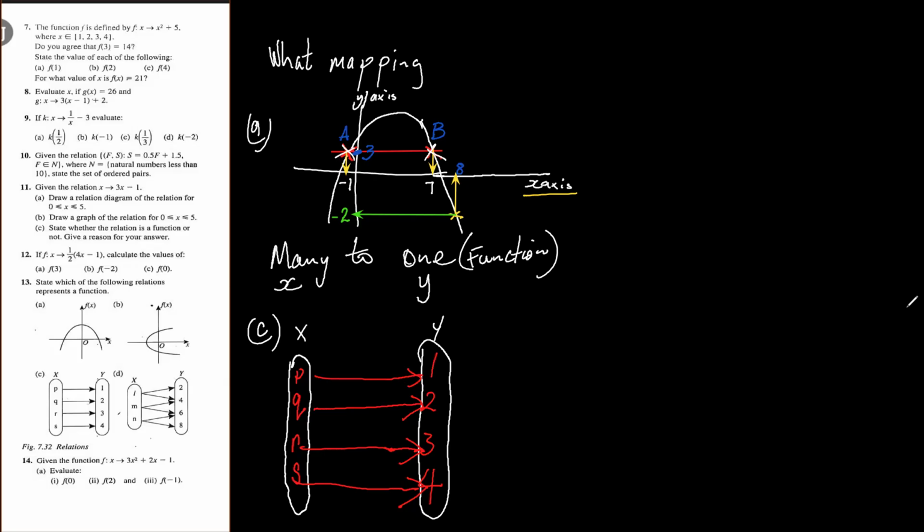What kind of mapping is this? There are three types of mapping: many to one, one to one, and one to many. So one to one. This is one to one.